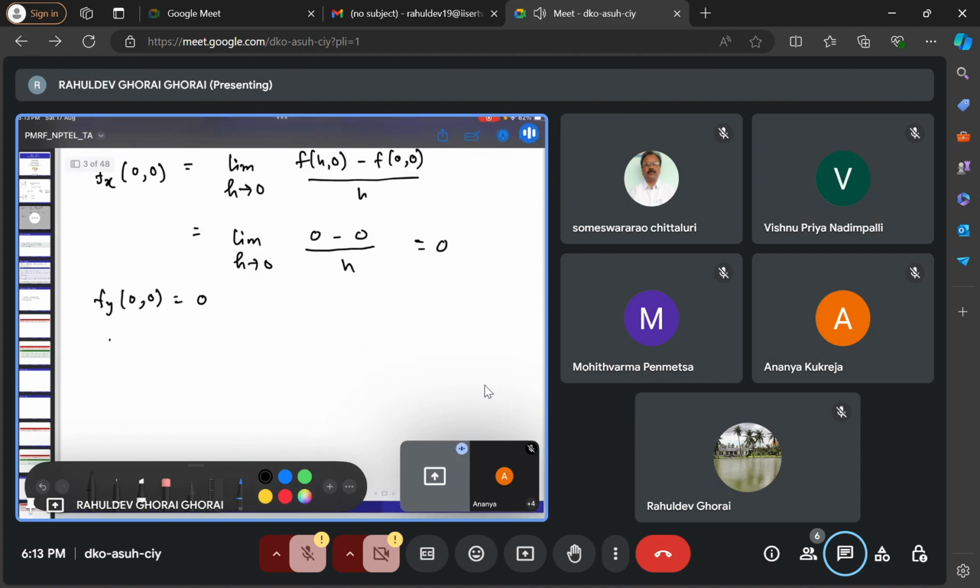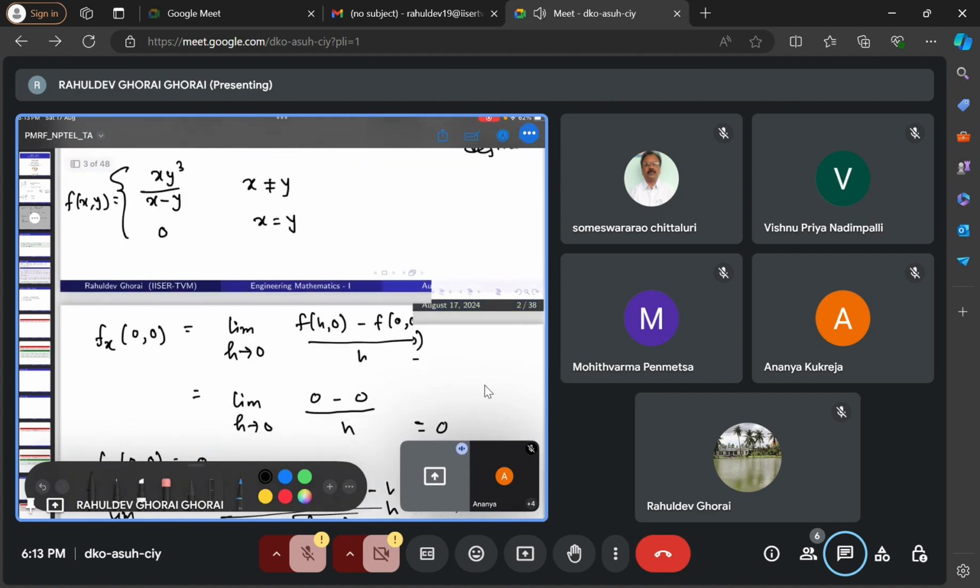Then we find the limit as (h, k) tends to (0, 0), mainly going for differentiability, of f(h, k) minus f(0, 0) minus h times f_x at (0, 0), which is 0, minus k times f_y, which is also 0, over the square root of h square plus k square.